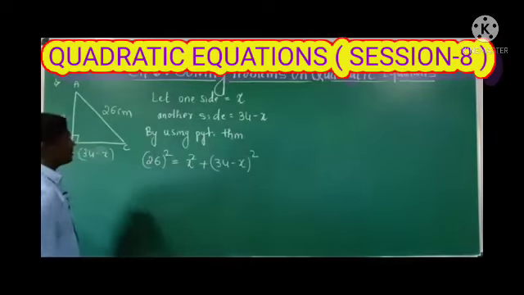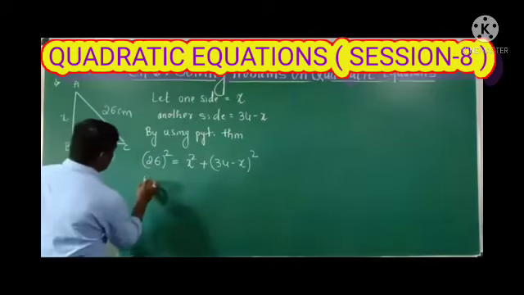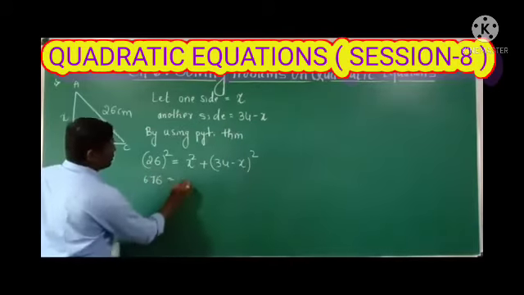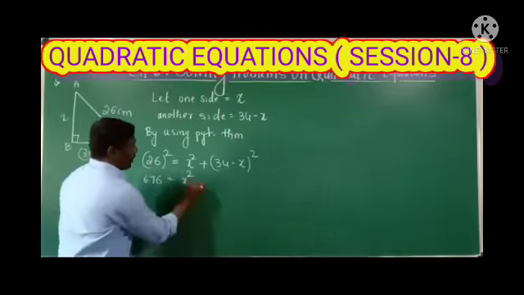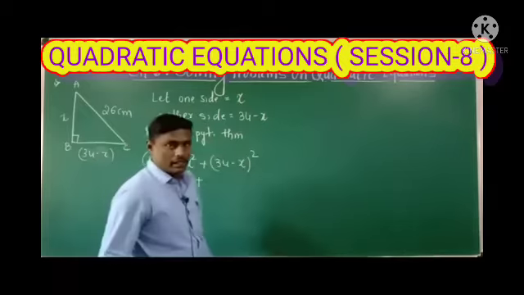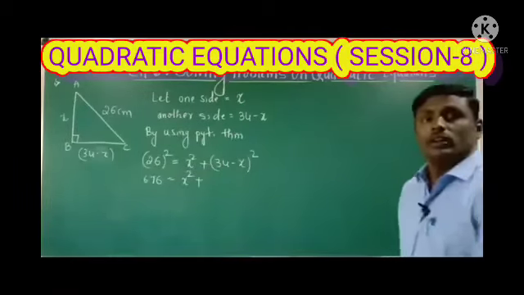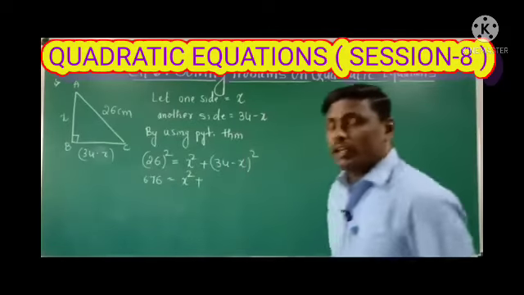So this is the Pythagoras property. Now simplify this one. What is the square of 26? 676, which is equal to X square plus 34 minus X whole square. It is in the form of A minus B whole square.